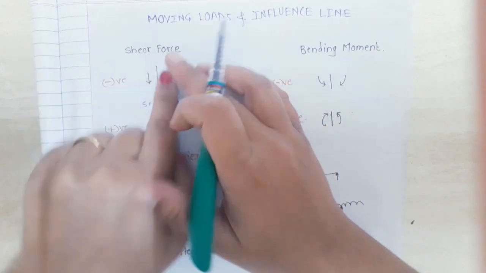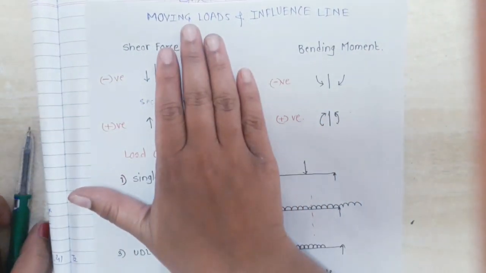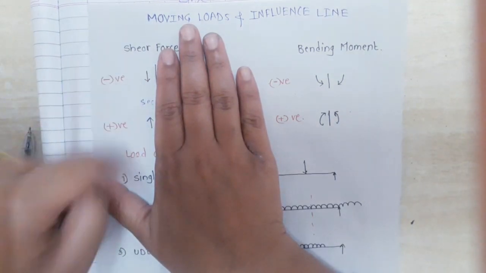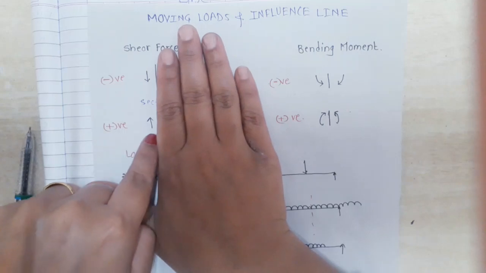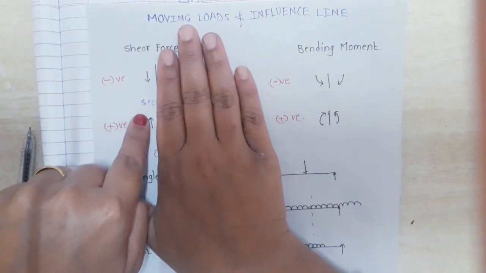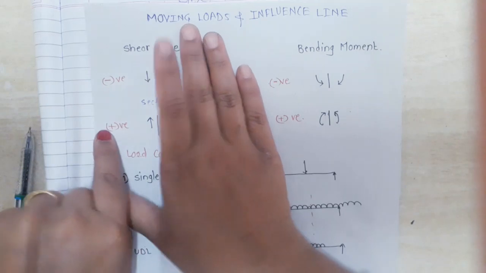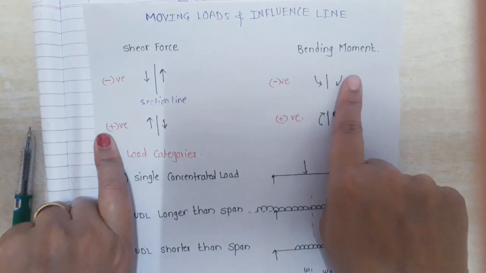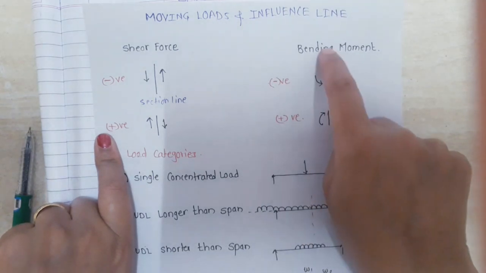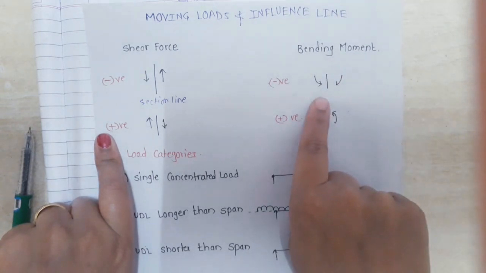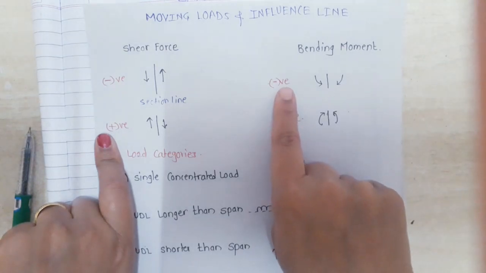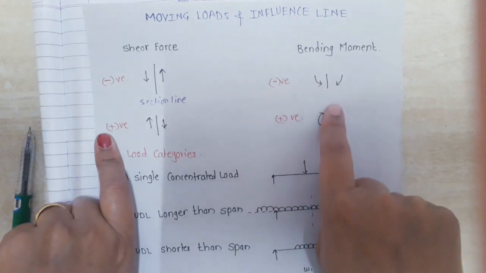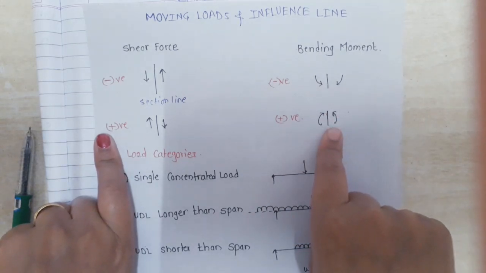If the load acting behind this section line is acting downward, then we take a negative sign. Same way, if the load is acting in a vertically upward direction, then we take a positive sign, or vice versa. Same way, for bending moment in the structure, if the force at this section line acts in a clockwise direction, then we take a negative sign, and if the force acts in an anti-clockwise direction, then we take a positive sign.